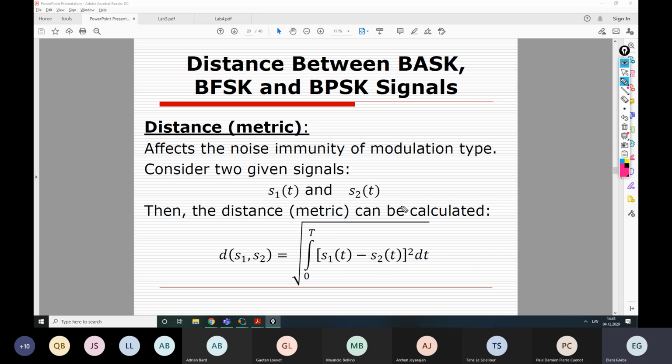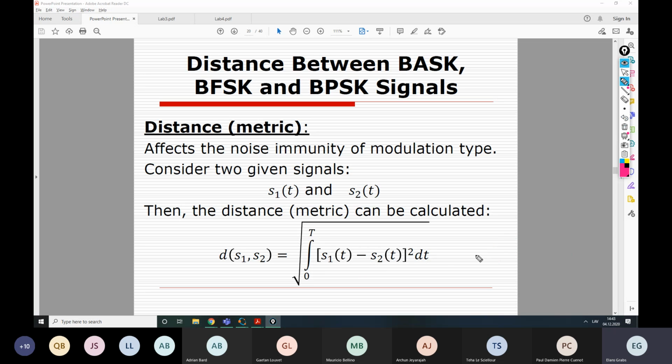It is quite easy to see that if, for example, S2 were equal to S1 in this case, then these brackets would give us 0. 0 squared is still 0. 0 integrated over some time interval, so this is a definite integral, is still 0. So the distance between signal S1 and S1 is 0, which it should be.